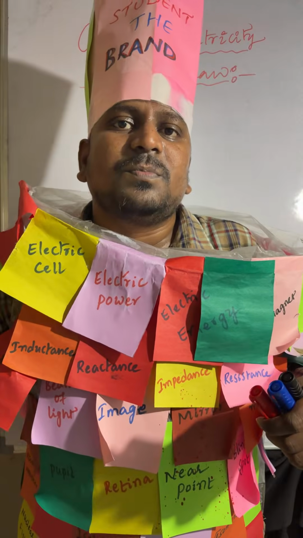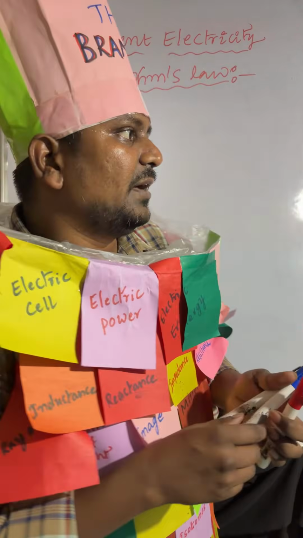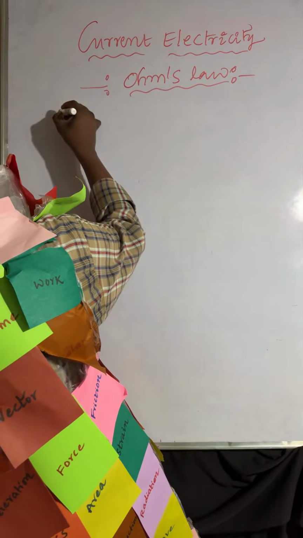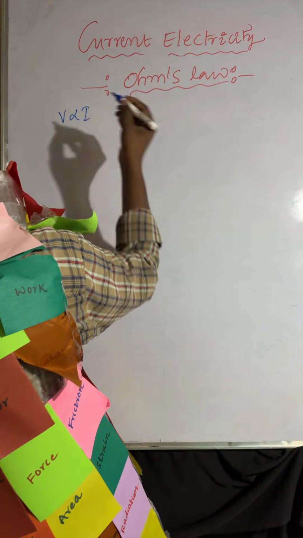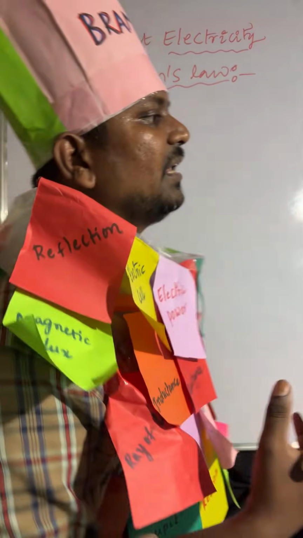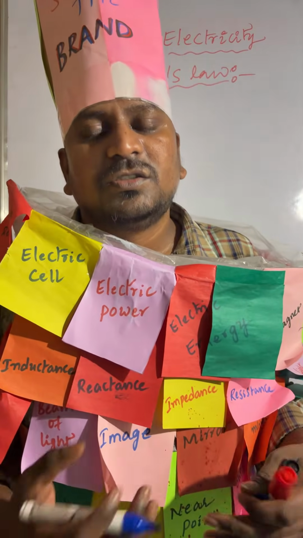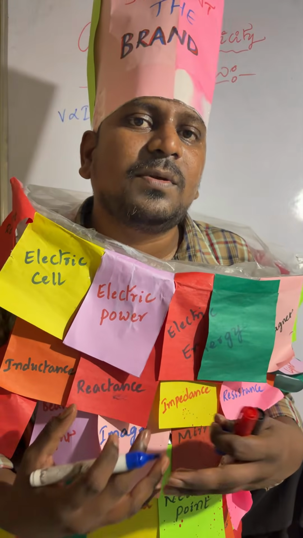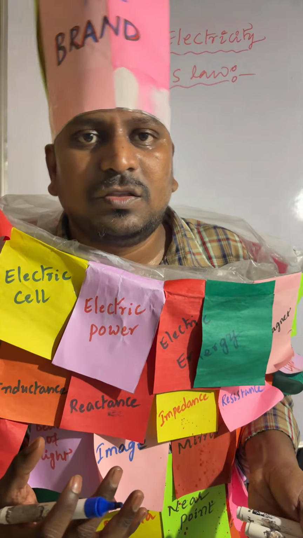V is directly proportional to I. V equal to IR. So the potential difference across the ends of the metallic conductor is directly proportional to the current flowing through it.